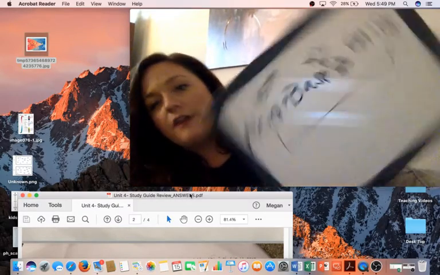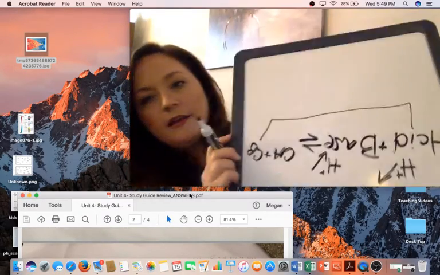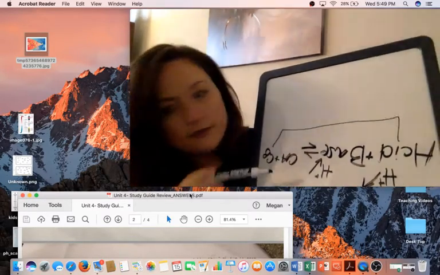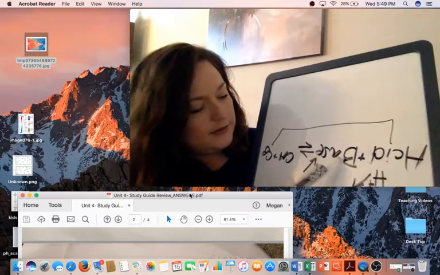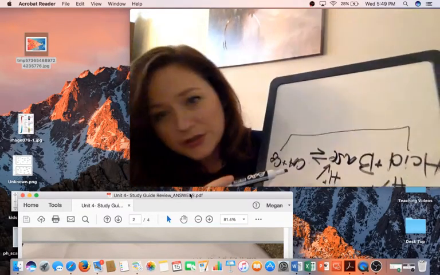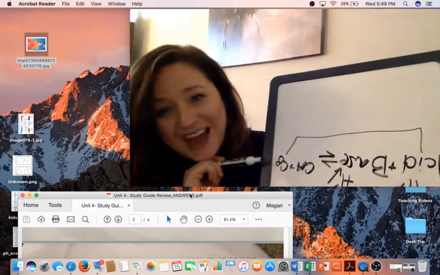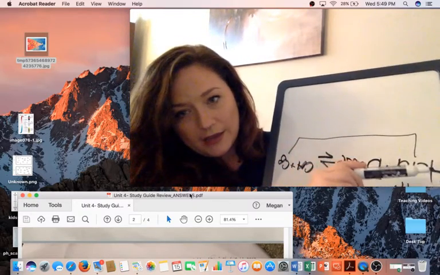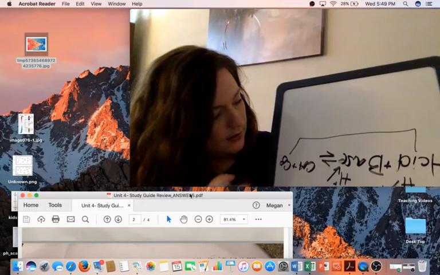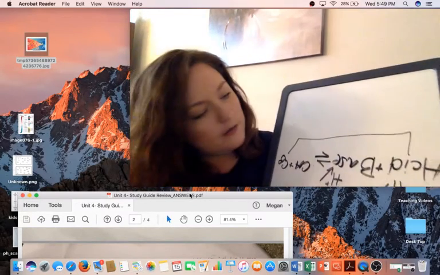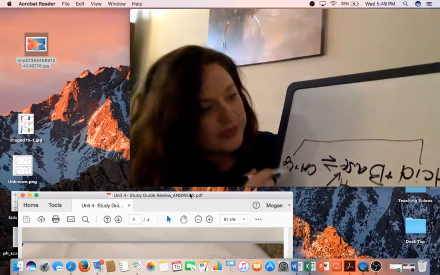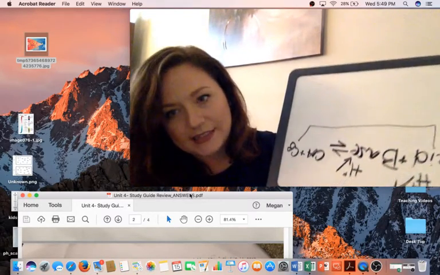Now, if I flipped it, and, yes, it's upside down, I understand, instead of going from acid and base to conjugate acid and conjugate base, if we all of a sudden reverse this and our reaction is going this way, the base here is the one who received it because he gave it up, but he's going to have to receive it to become the acid again.